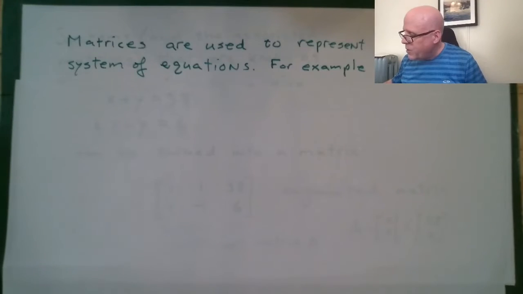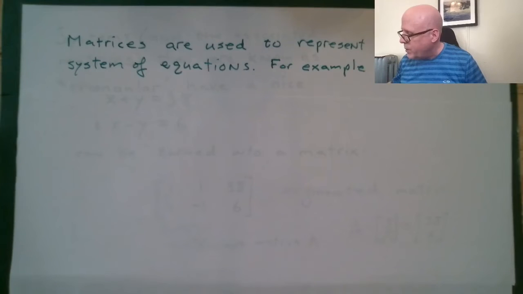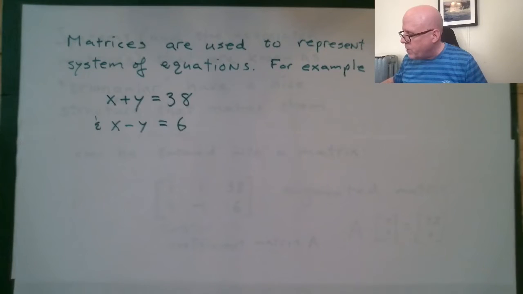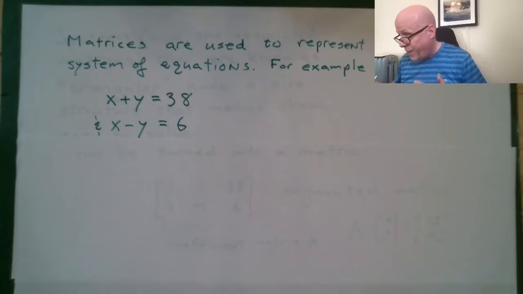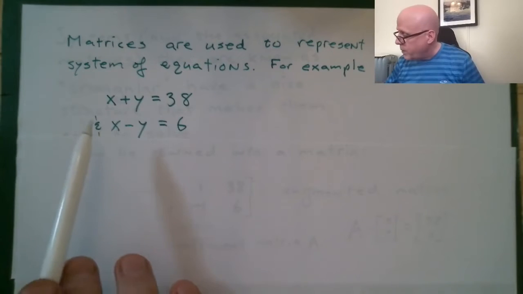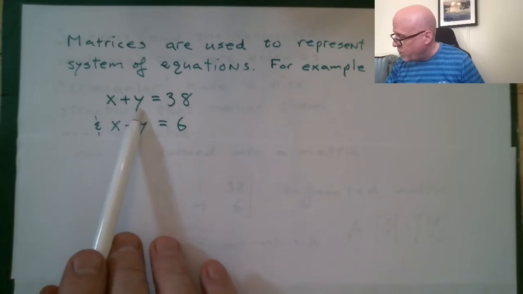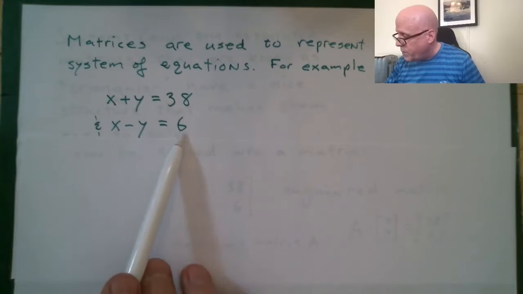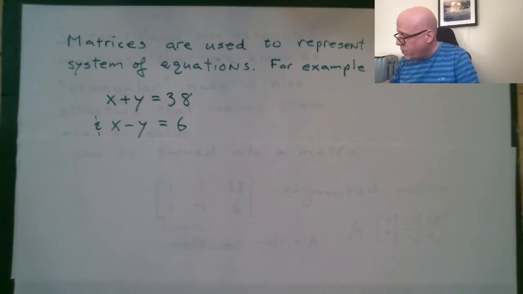Basically, last time we saw one of the uses you can put a matrix to is to represent a system of equations. So I want to rehash that and then give you some extra terminology about it. This is the system I think the very first one we looked at in the overview lecture, where the sum of two numbers is 38 and the difference is 6, and we were able to solve that by a multitude of ways.